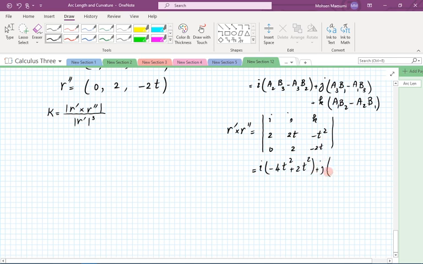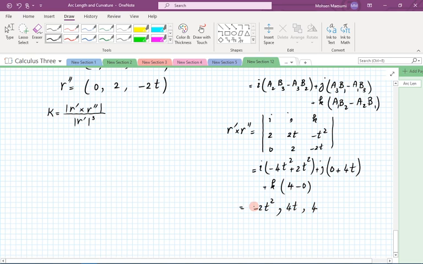And then j times, well, minus t squared times 0 is just 0, and then minus the product of this one and that one becomes plus 4t. Finally you have k times this times that, it's going to be 4, and that times this one is just 0. So let's clean it up. This becomes minus 2t squared, comma, 4t, comma, 4.